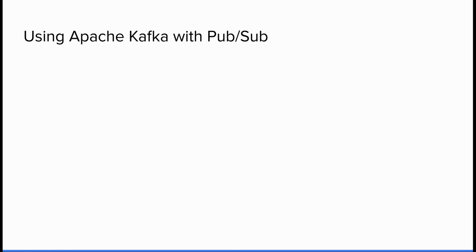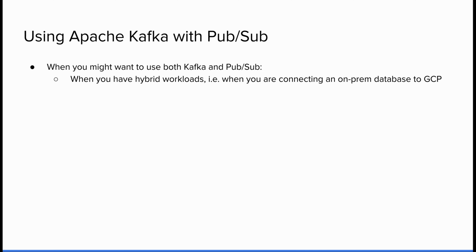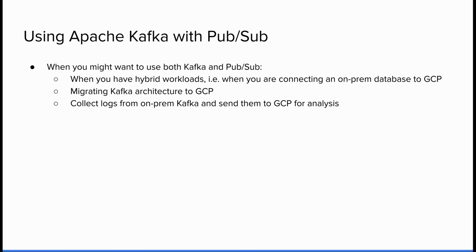So, some scenarios where you might want to use both Kafka and PubSub include when you have hybrid workloads with some combination of on-prem and GCP. When you're migrating a Kafka architecture to GCP. When you're collecting logs from an on-prem Kafka instance and sending them to GCP for analysis. Or when you have an app in GCP and you're also storing data on-prem using Kafka.